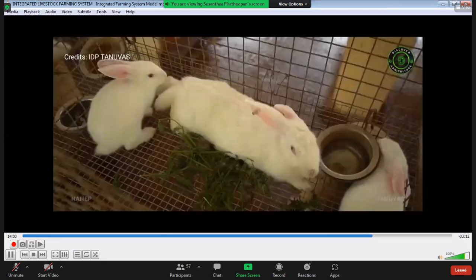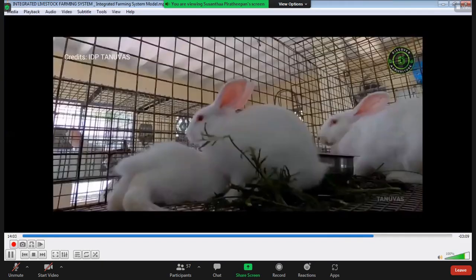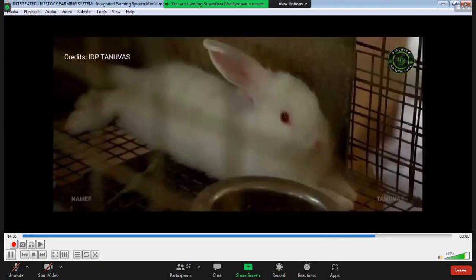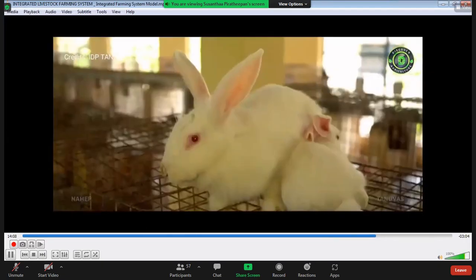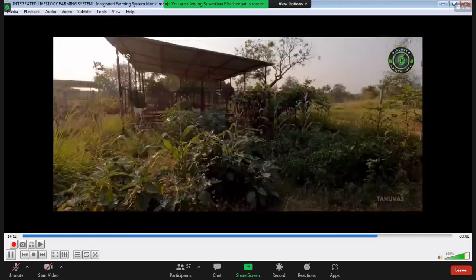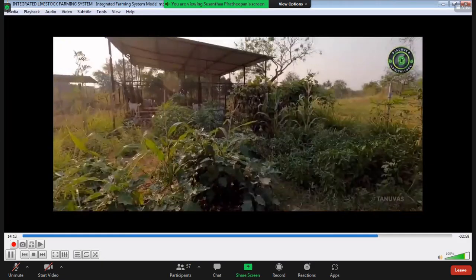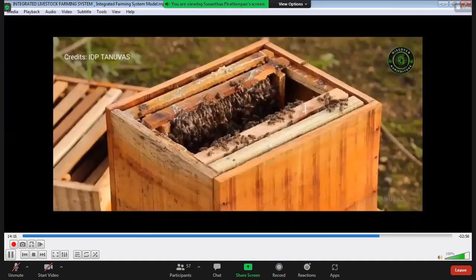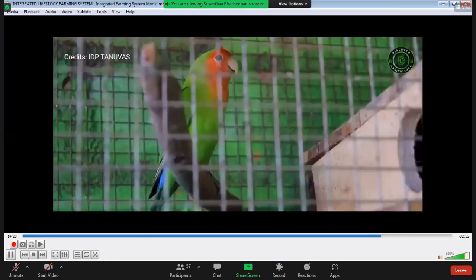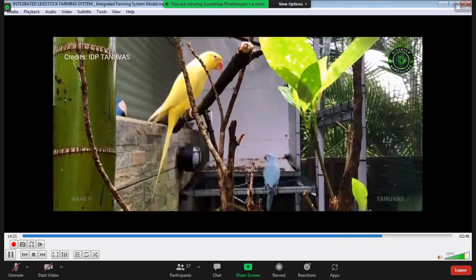Further, 10 to 12 rabbits may be raised under cages and may be marketed at 3 to 4 months of age for meat purpose. To generate more income, vermicompost unit, apiary unit, and ornamental pet bird units may be established within the same area of land.